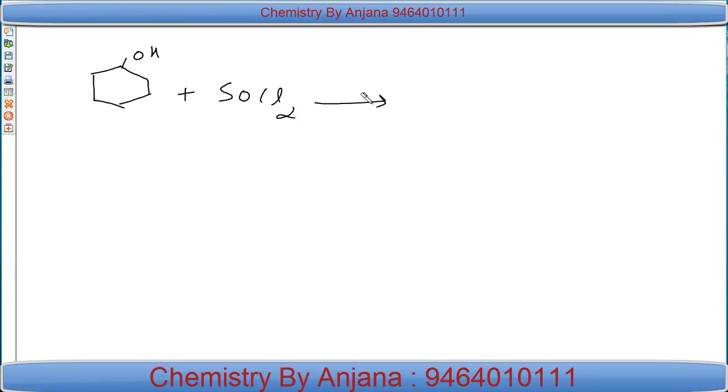Complete the following reaction. Now referring to the very first method we have discussed, any alcohol regardless of the size or nature, only the size, the carbon length or branching of this particular R group, regardless of its nature, this OH, alcoholic OH, will get substituted by Cl under simple nucleophilic substitution reaction, and I'll get in place of OH, Cl, and the byproducts SO2 and HCl.